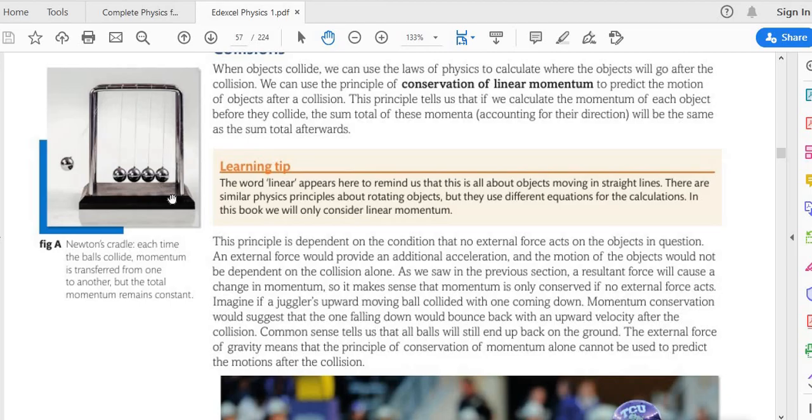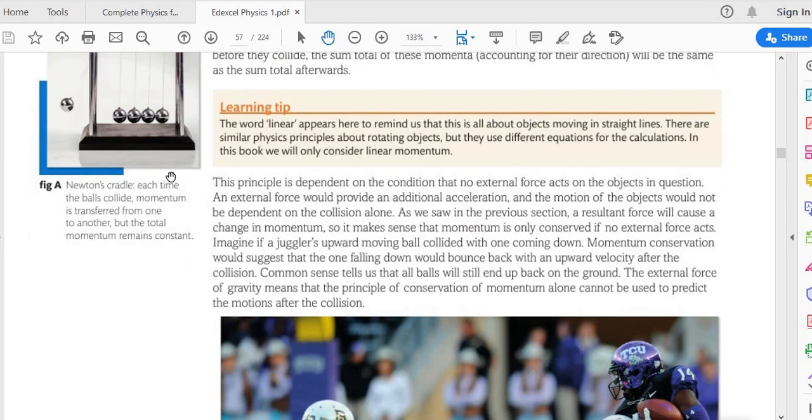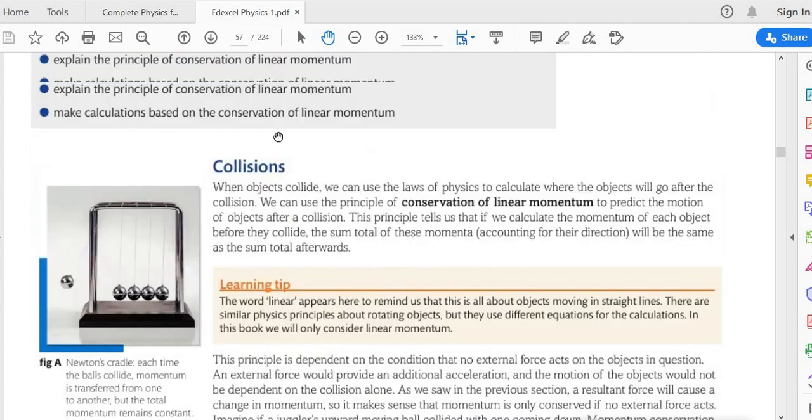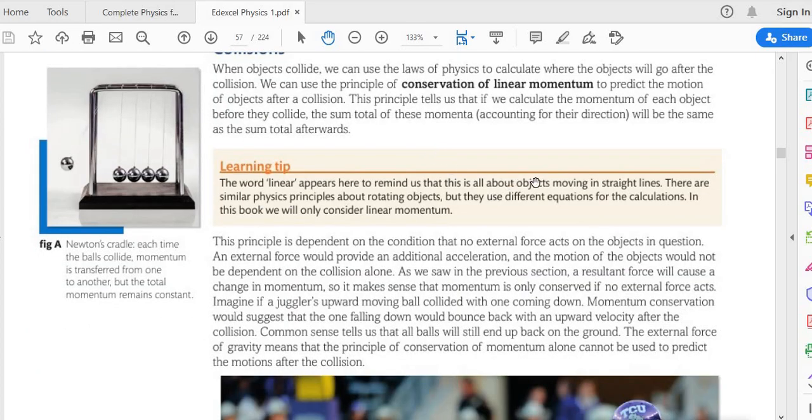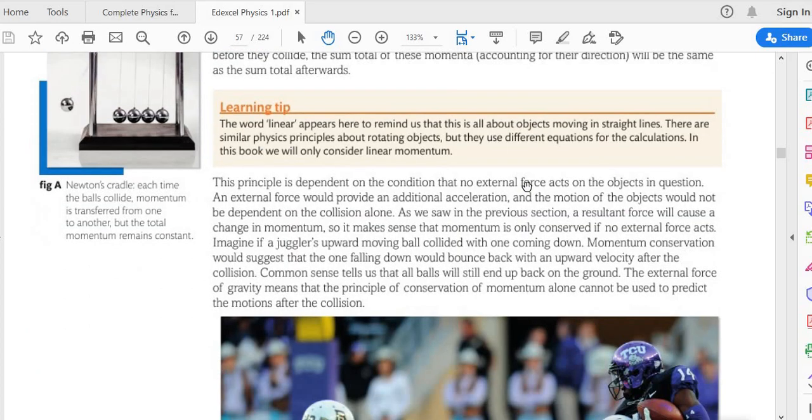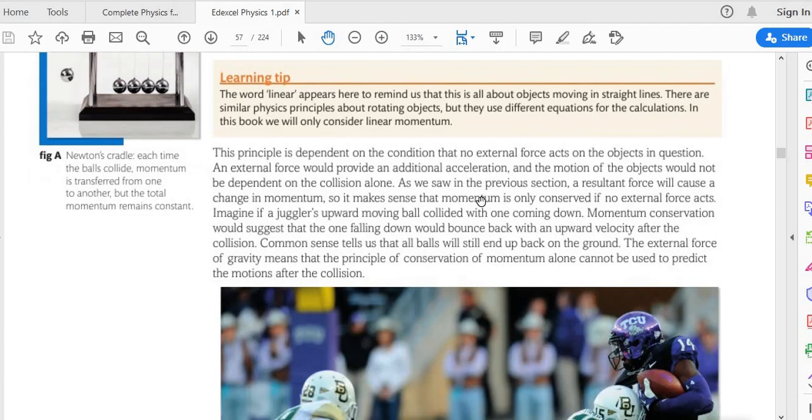That's why it will move with the same speed as the speed with which the first hit. Okay, so this is linear momentum, because linear means it's moving in a straight line. Now there is also rotational momentum, which is not in this lesson.